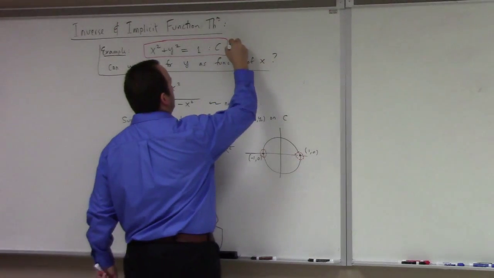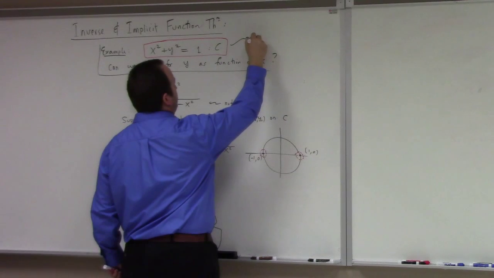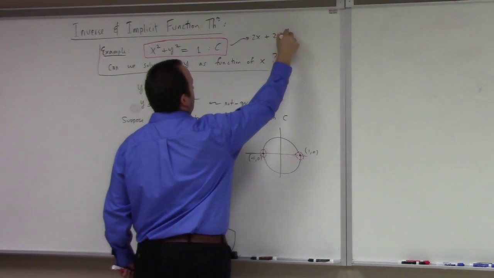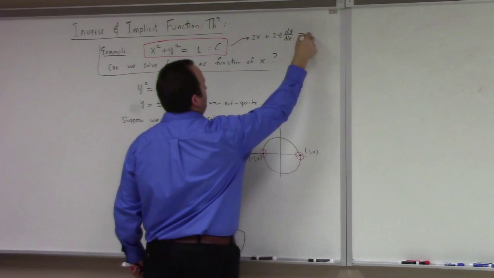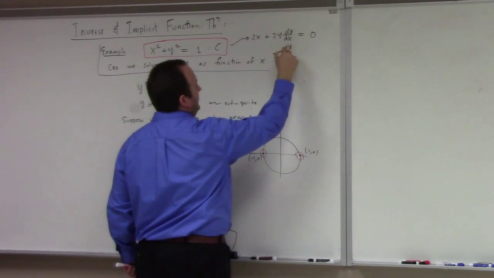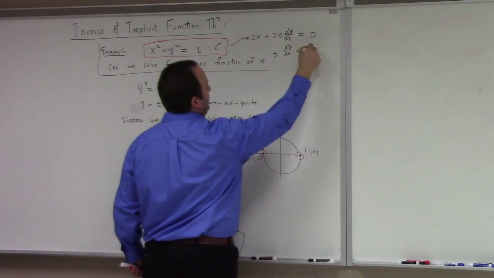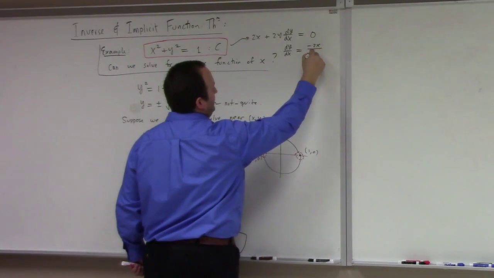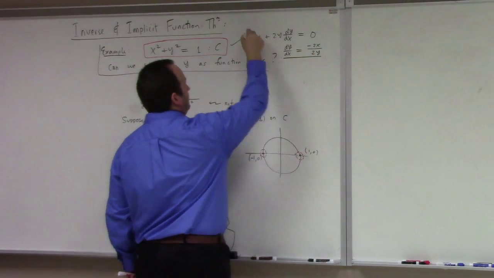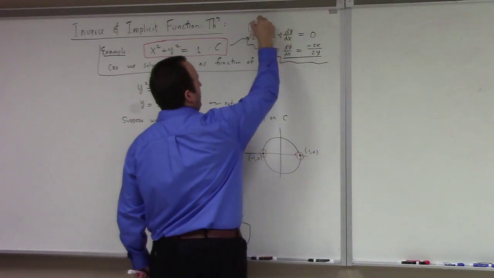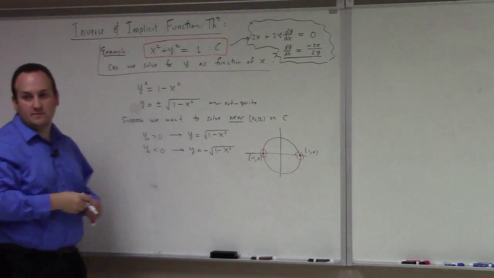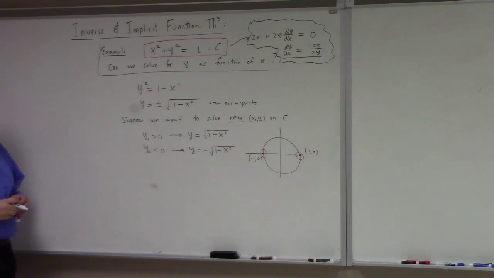That is true. So implicit differentiation gives 2x plus 2y dy dx is equal to 0, right? So then you get dy dx is equal to minus 2x divided by 2y, which is 0 at those points. Intuitively speaking, that's a good answer. So what's the significance of the 2y? It's the 2y that was the problem, right?